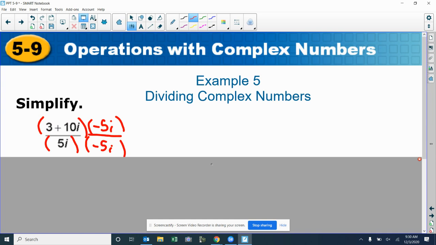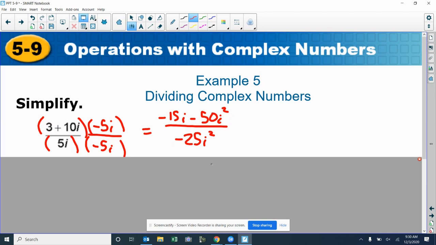So if we take 5i times negative 5i, we're gonna get negative 25i squared. We'll come back to that in a second. Up top, we're gonna get negative 15i, right? And then we're gonna get negative 50i squared. 10i times negative 5i.